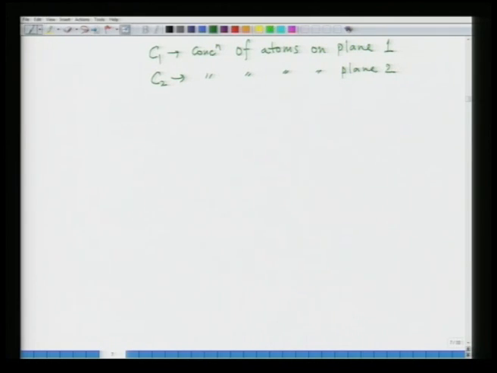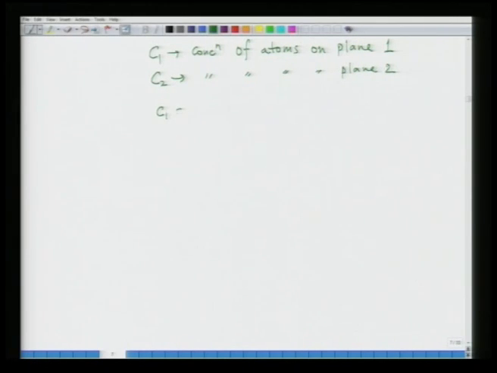So, concentration is given in terms of number of atoms per unit volume, whereas n 1 and n 2 were just number of atoms. So, in that case C 1 would be equal to the number of atoms n 1 divided by volume. I have taken unit area, so 1 multiplied by the distance, that is lambda. So, this would be n 1 divided by lambda.